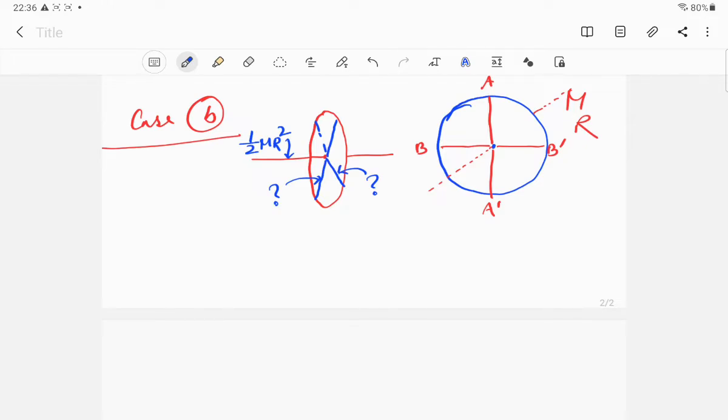moment of inertia, what is the statement about that theorem? As we have already discussed, the moment of inertia of a plane lamina about an axis perpendicular to its plane is equal to the sum of the moment of inertia of the lamina about two axes at right angles to each other in its own plane, intersecting with each other at a point through which the perpendicular axis is passing.